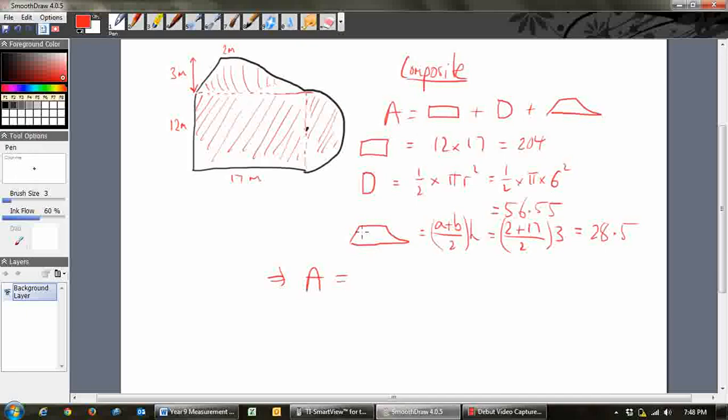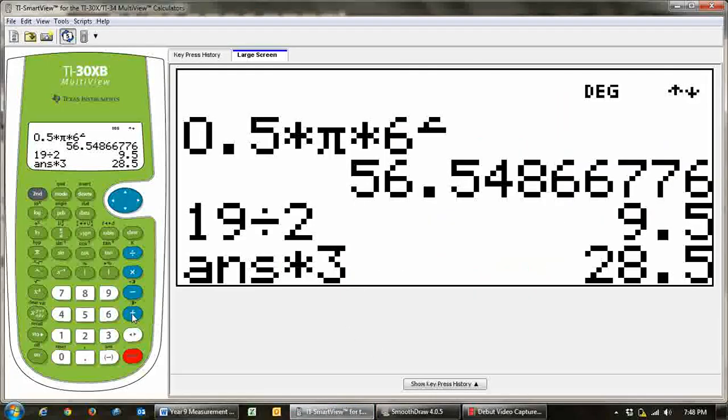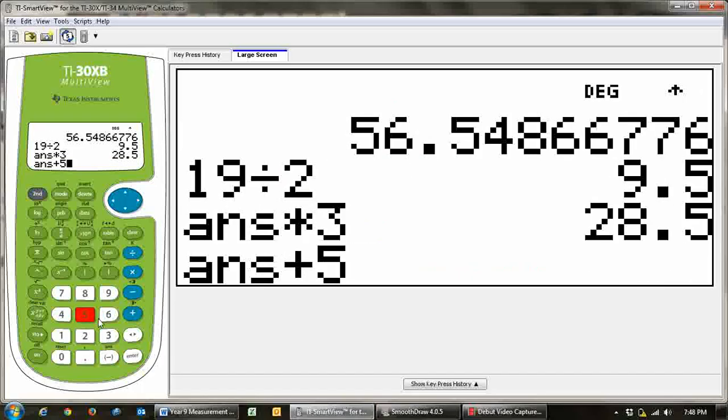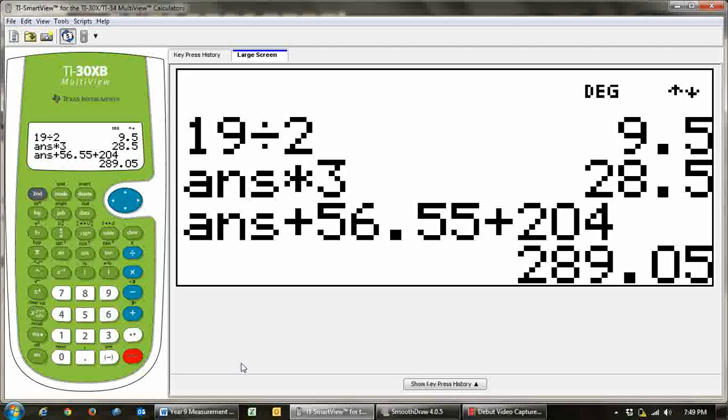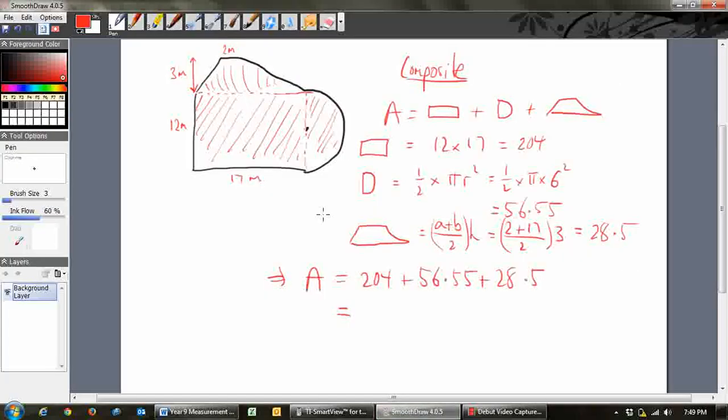Therefore, our total area is equal to, add them all up together now, 204 plus 56.55 plus 28.5. 28.5 will already be in the calculator, so I just need to add 56.55, and then 204, into 289.05. 289.05, and we're in meters.